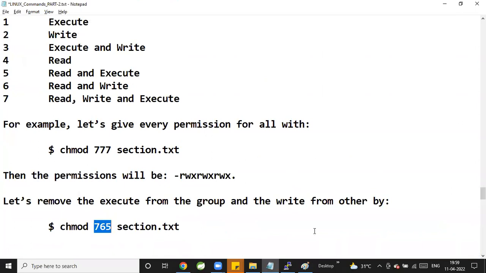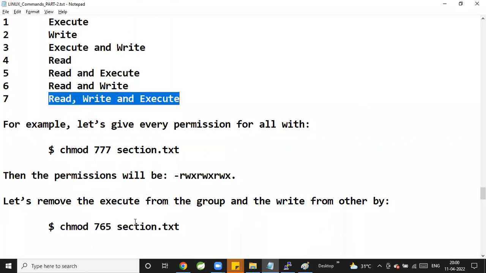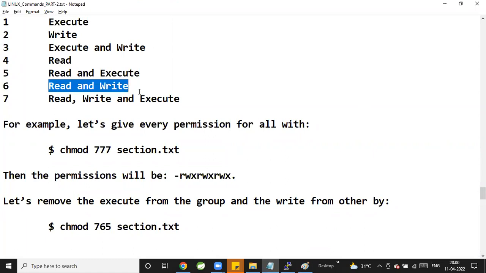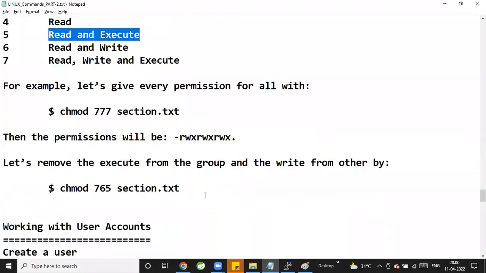What is the meaning of 765? 7 means read, write, execute. 7 represents the first section. User will have read, write, execute. 6 means read and write. Group is having only read and write. 5 means others, read and execute.